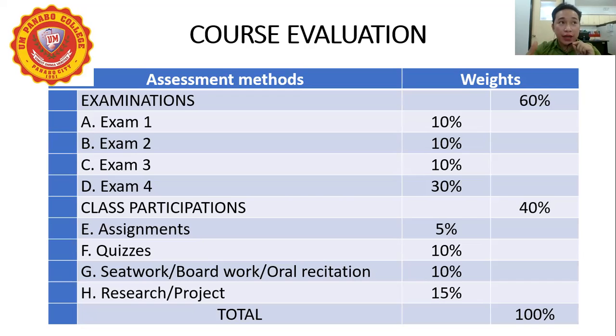And then please prepare a scientific calculator, because we will have a lot of exercises or computation during the physics class. So prepare it in our virtual classes, and then your research or project is 15%.